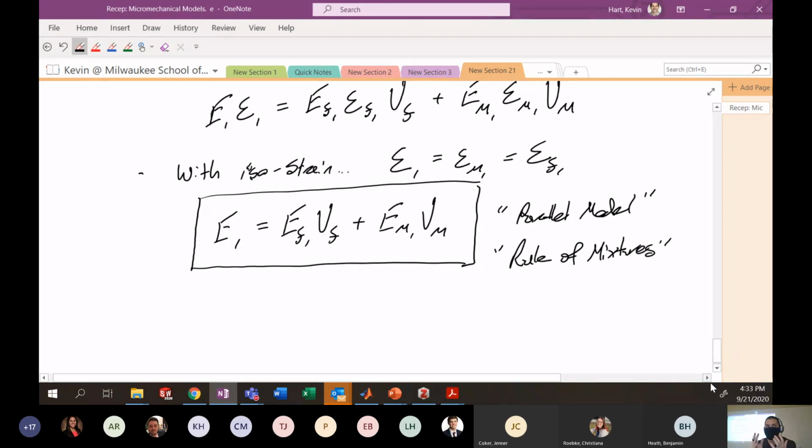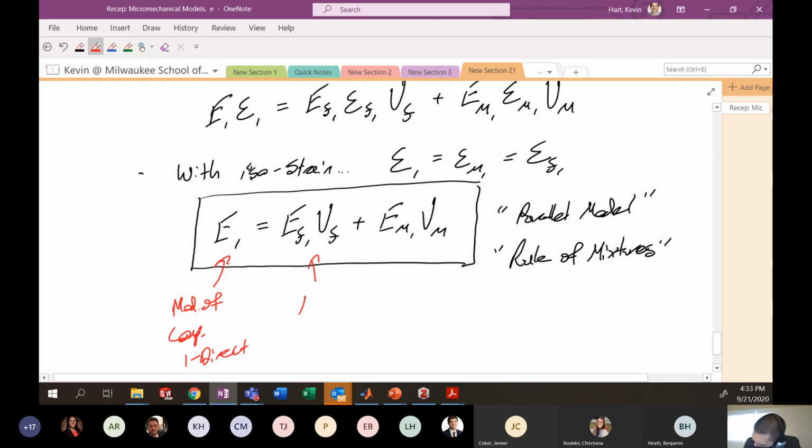If we just look at this equation and think about it, it is intuitive. This is the modulus of the composite in the one direction. It is basically a linear combination of the modulus of the fibers and the volume fraction of the fibers, plus the modulus of the matrix multiplied by the volume fraction of the matrix.